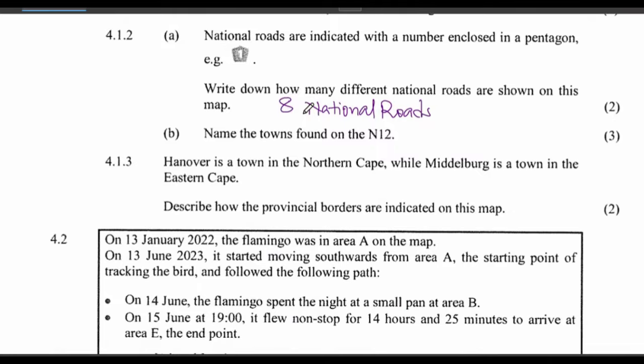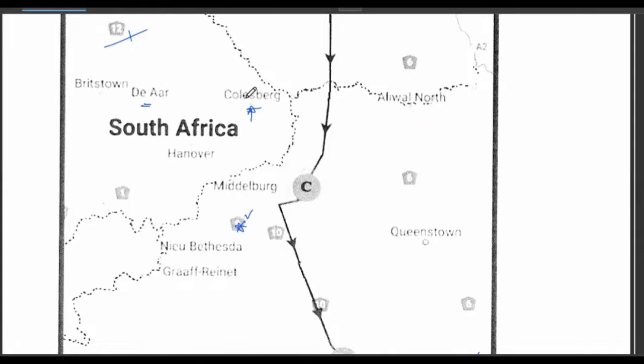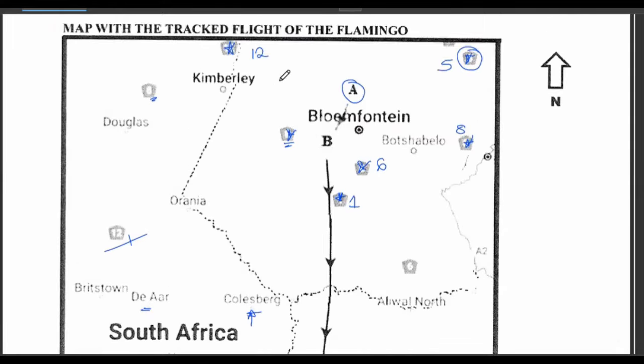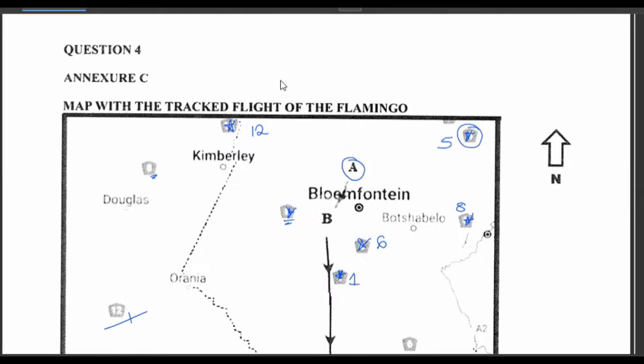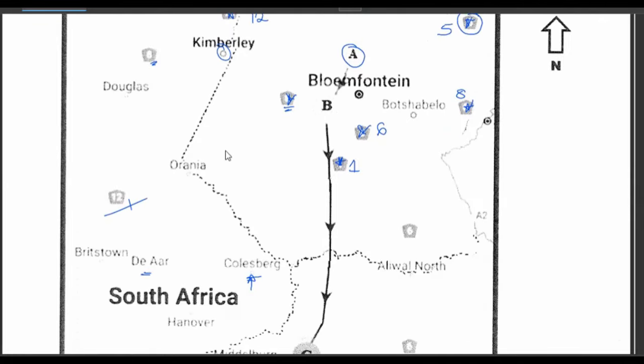Name the towns found on N12. Take note of that, N12. N12 was passing by here, the borders here. We have Kimberley, and when you come down, you have this town here. It was on N12. Daha is on 10.